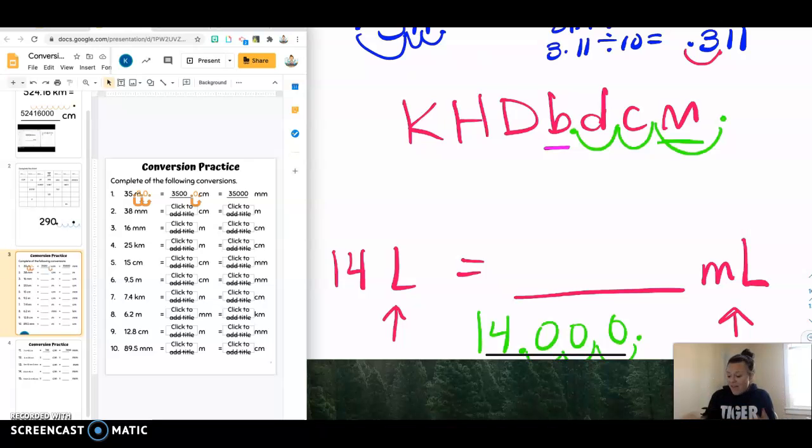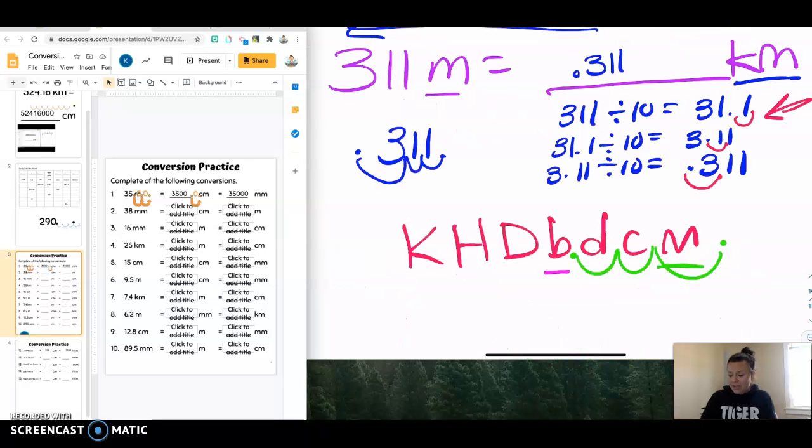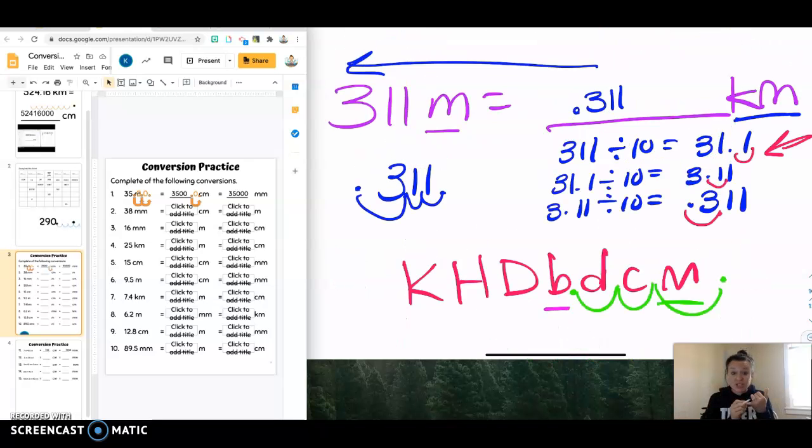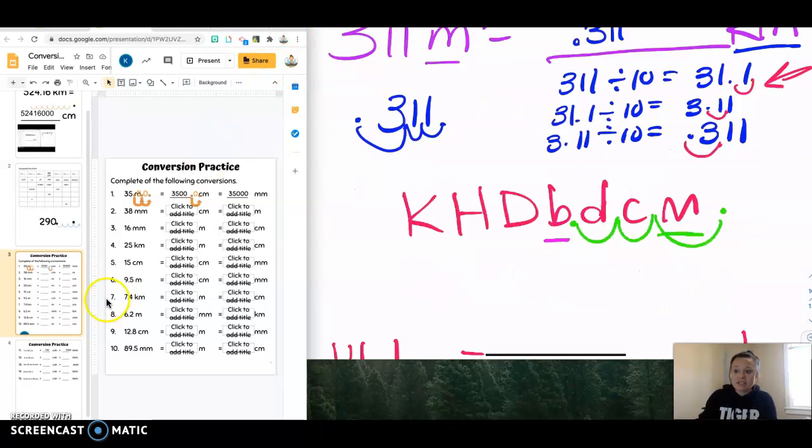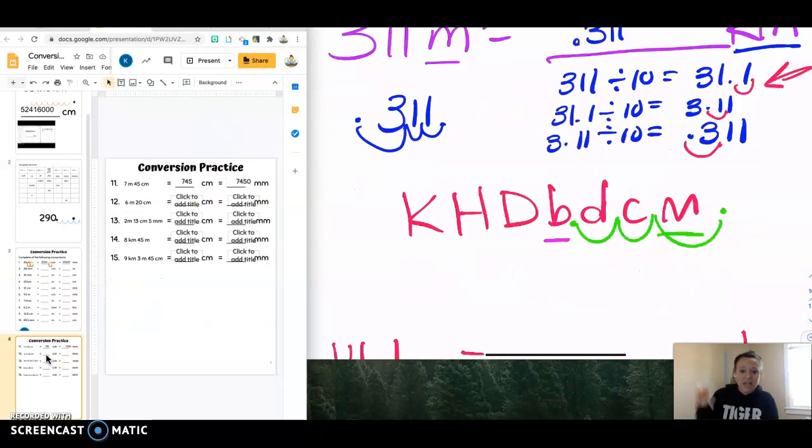If I have 311 meters, there will never be a 2 or a 4 or a 7 or anything in that number when I do conversions in the metric system, because we are working in powers of 10. So we are only ever going to add and subtract zeros. Okay, there will never be any additional numbers added to this until you get to this third page here when you start adding like units. But on the first 2 pages, the only numbers that you should be using in addition to the numbers that are already there are zeros. Okay?